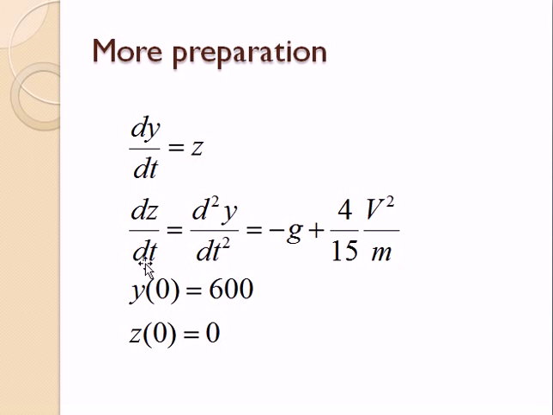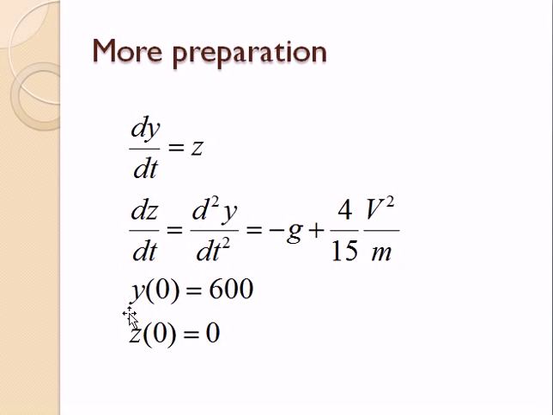If I flip that around, dz/dt is the second derivative of y, and from our differential equation that we're trying to solve, we get minus g plus 4/15 times v squared over m. And v here is just z, right? v is dy/dt, which is z. Okay, so this will end up being minus g plus 4/15 z squared over m. Again, I'm a little cavalier in this term with sign, but for this problem, it works out.